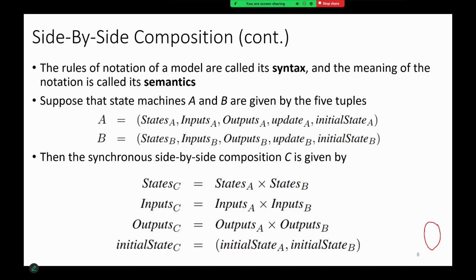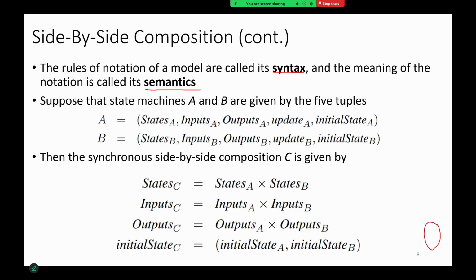And then, what's the difference between syntax and semantics? Exactly, the syntax is how to write the notations, and the semantics is the meaning of the syntax. Our syntax is states, inputs, outputs, update, and initial state.